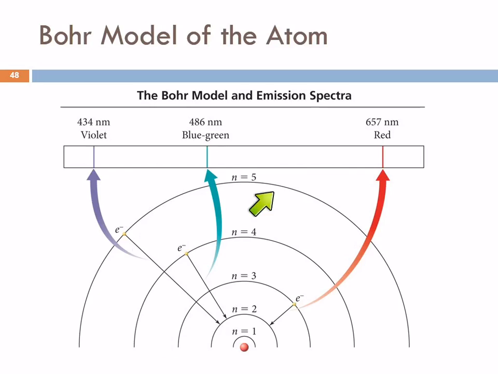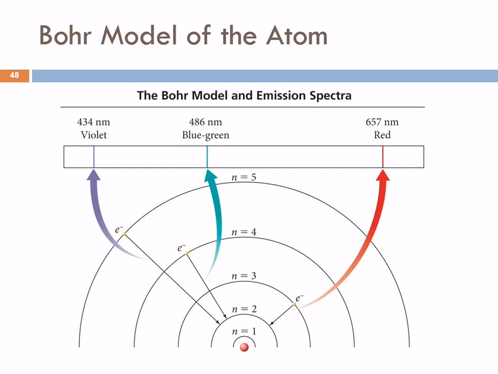So, you know, this is for hydrogen. Hydrogen only has 1 electron, and normally that electron would be found in the lowest energy level. How does it get up here? It has to absorb energy of some kind. And so in the absorption spectrum, that's what we're observing.